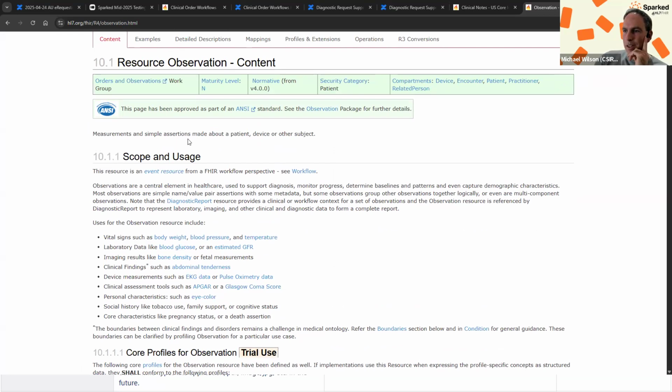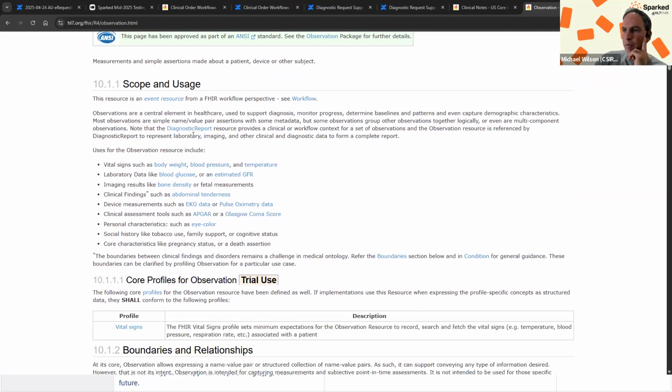It's the measurement and simple assertions made about a patient, device, or other subject. Uses support diagnostics, monitoring progress, determining baselines and patterns, and even capture demographic characteristics. Most observations are a simple name-value pair with some metadata, but some observations group observations logically.